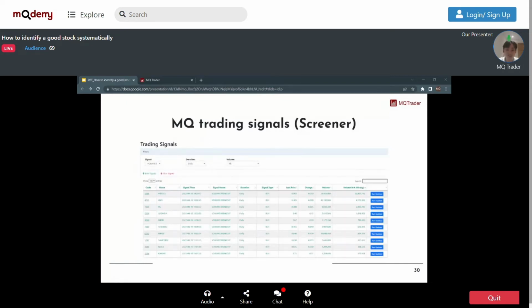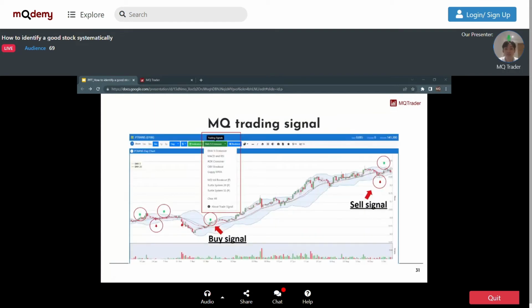For trading signals, you can either use our MQ screener to observe all the intraday buy and sell signals in the whole Bursa market. Remember that these signals are all generated by trading strategies. Or you can search for a specific stock that you want and choose the trading signal type. Then you'll be able to see the buy and sell signals of it.